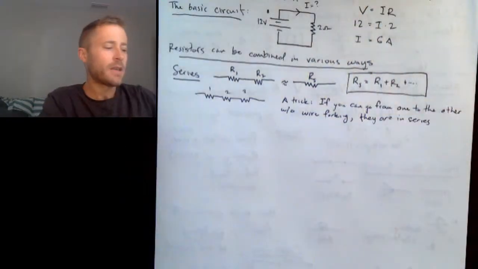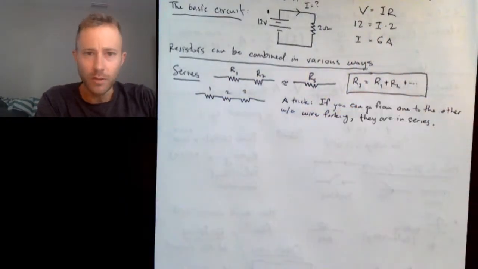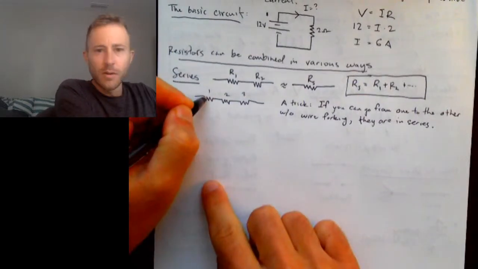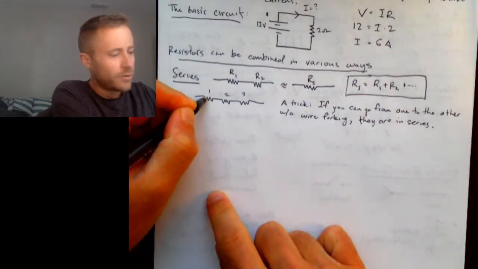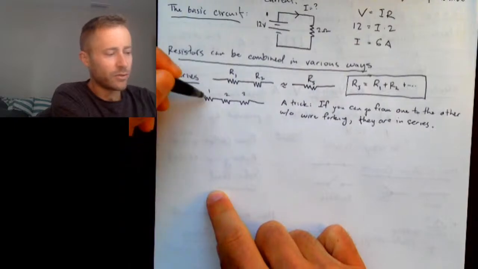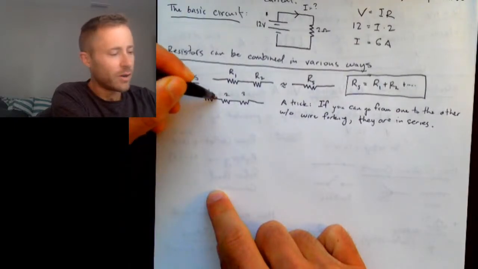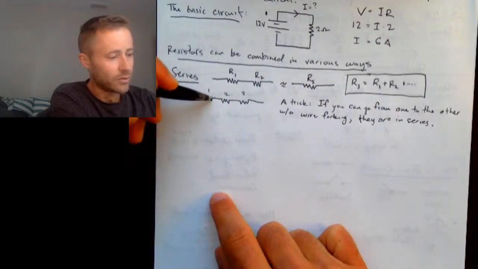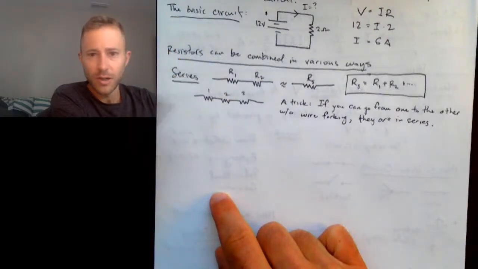That's the way to tell if 2 things are in series. So for example, if I go from 1 to 3 passing through the circuit, you can see that there are no forks in the wire. I don't have any branches going off to the side. So 1 and 3 are in series.